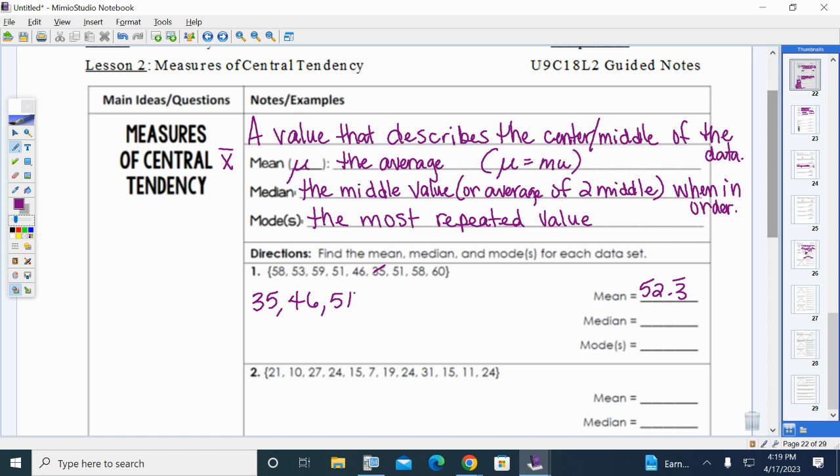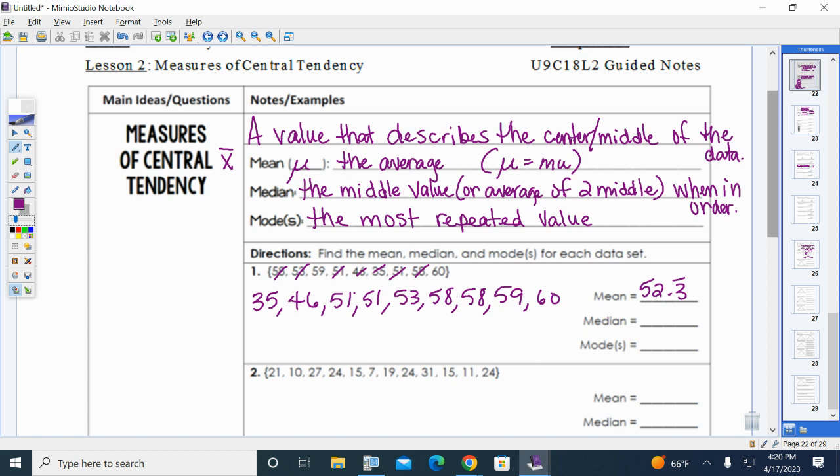You might even want to mark these out as you go. 51 occurs again. And then 53, 58, and then 58 again, and then 59, and 60. So there's my 9 numbers listed in order.